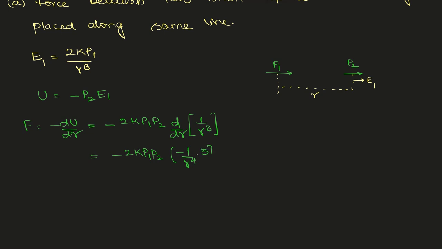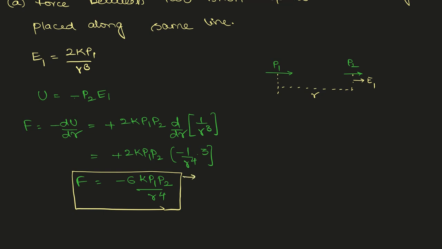So this will be equal to minus 6kP1P2 by r power of 4, because already one minus in U is there, we have an additional minus, which is why this becomes plus. So finally we get the force as minus 6kP1P2 by r power of 4.